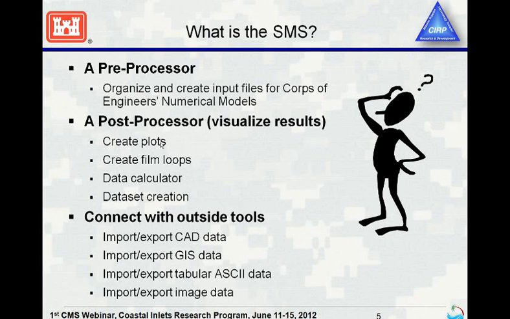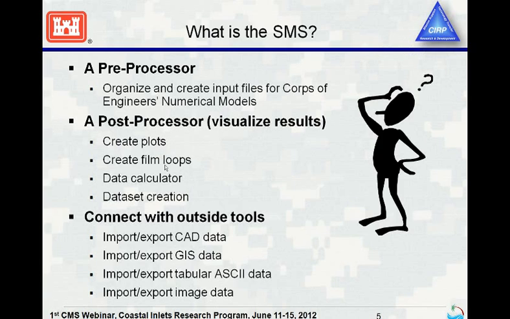So the SMS is all of these things. It's a preprocessor for organizing your files, bringing in surveys, bringing in CAD data in the form of shape files or DXF files. It also works as a post-processor after the model is completed so that you can visualize your results.